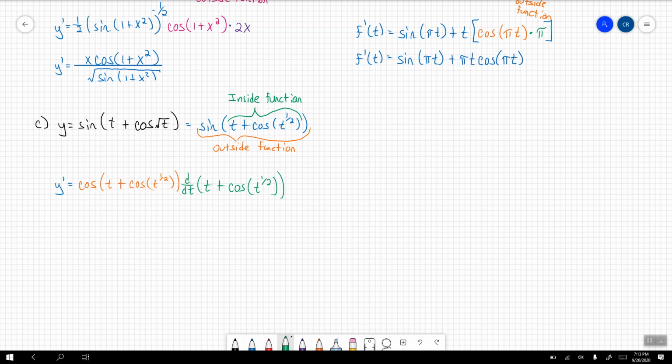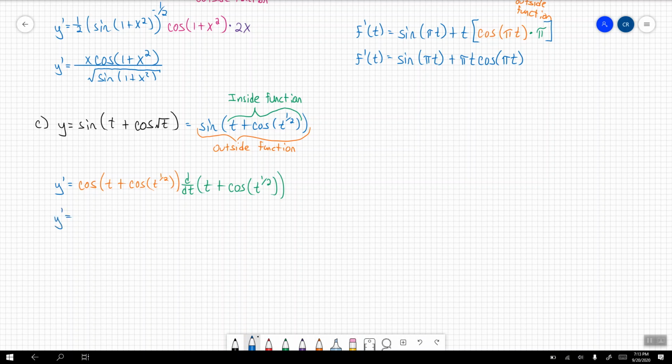Okay, so we're going to see that we have some addition taking place here. And because we have an addition, we're going to be able to take that derivative term by term. So the term that we then need to focus on is this term here. So I'm just going to outline that here.